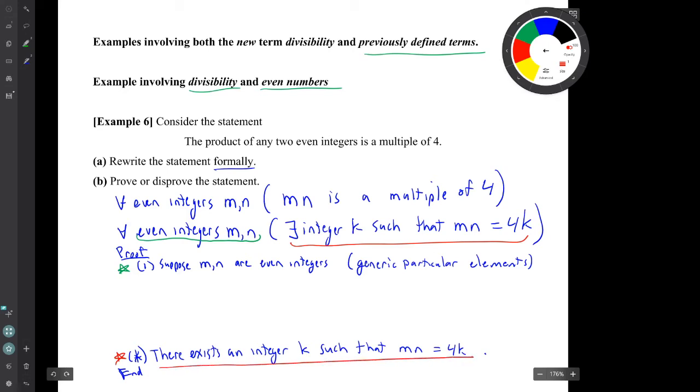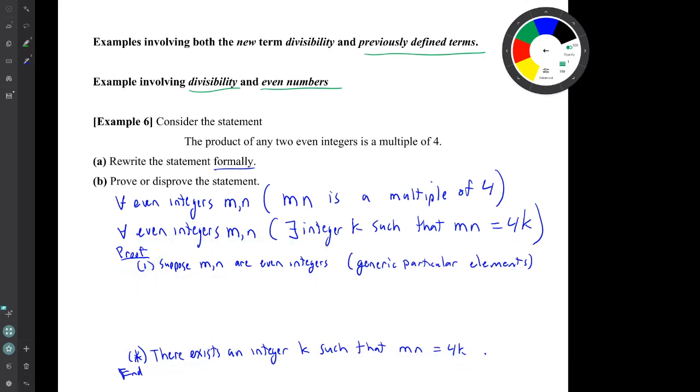That statement, the ending, came from there. And this statement is a generic particular example of elements from that domain. So this proof structure is generalizing from the generic particular element. We have no choice about this frame. Now, look what else we have no choice about.